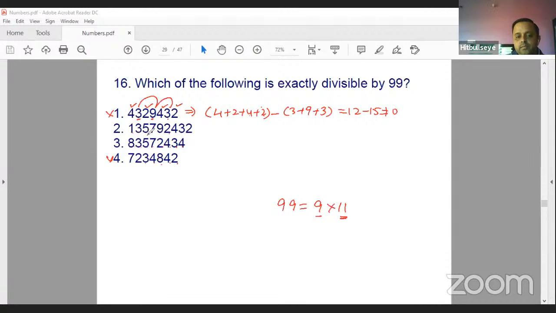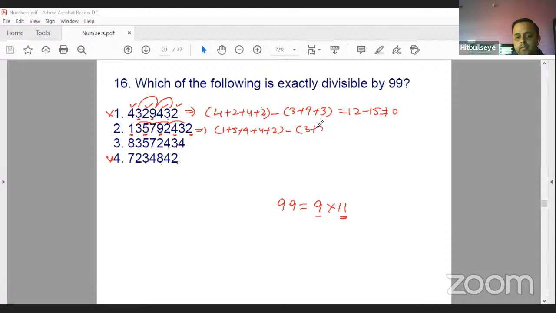Similarly, check the next one. The odd position digits are 1, 5, 9, 4 and 2. So 1 plus 5 plus 9 plus 4 plus 2, just add up the digits, minus the digits at the even places, which are 3, 7, 2, 3.